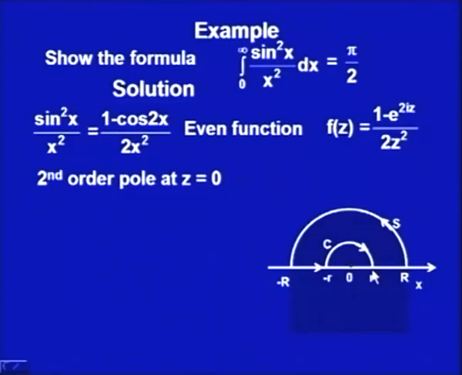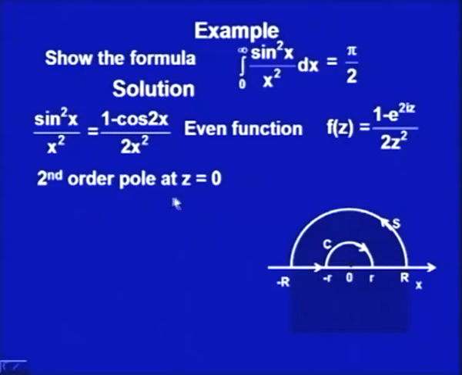Both semicircles are centered at the origin; the radius of the larger semicircle S is capital R, while the smaller semicircle C has radius small r.